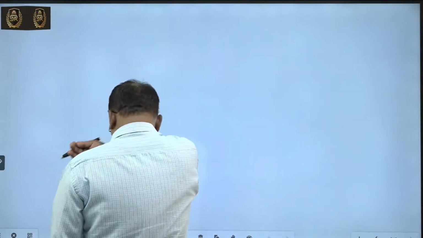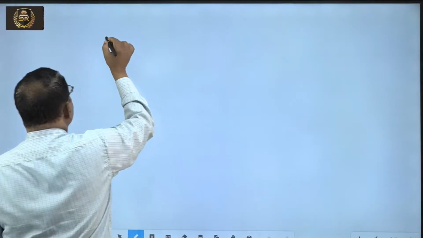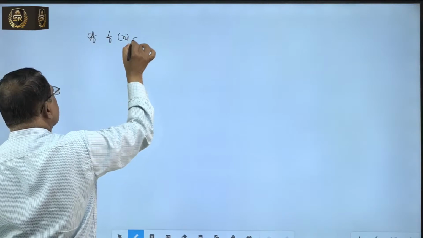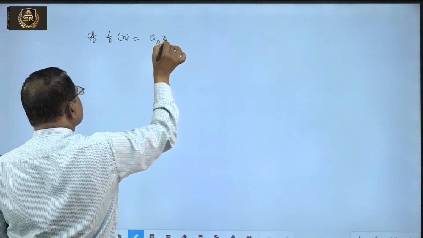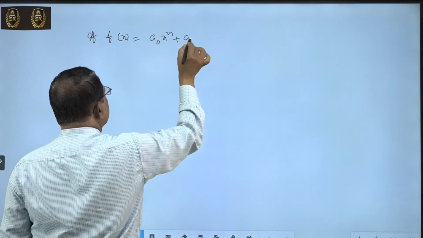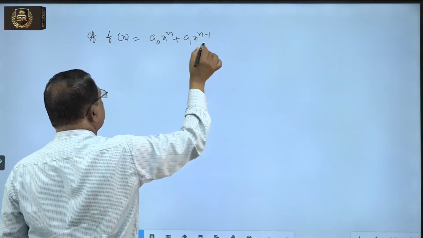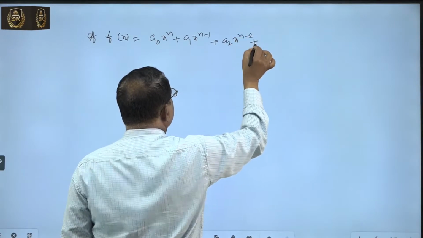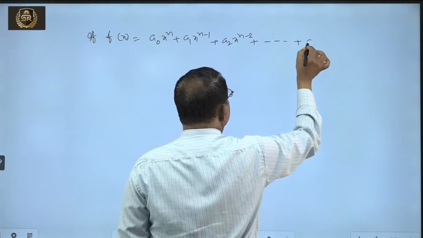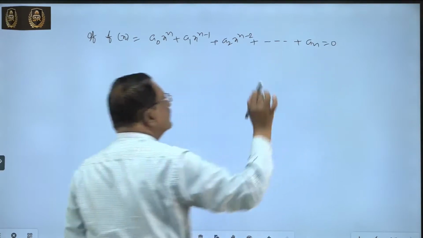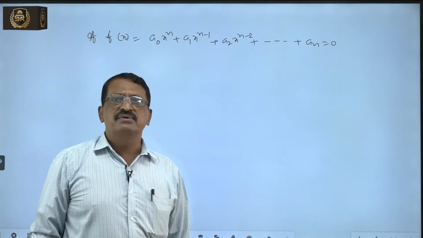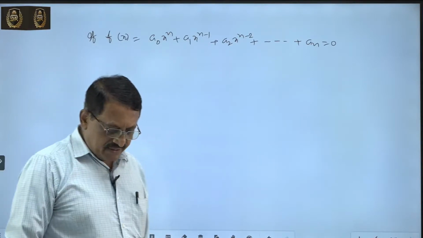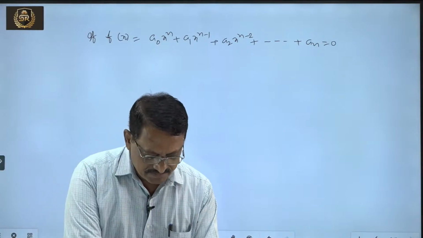Now, if f of x equals a naught x power n plus a1 x power n minus 1 plus a2 x power n minus 2 plus and so on plus an equals 0, it is an nth degree polynomial equation in terms of x.